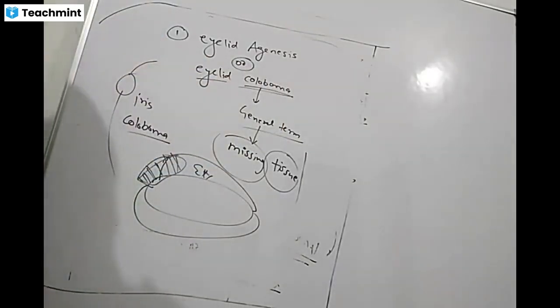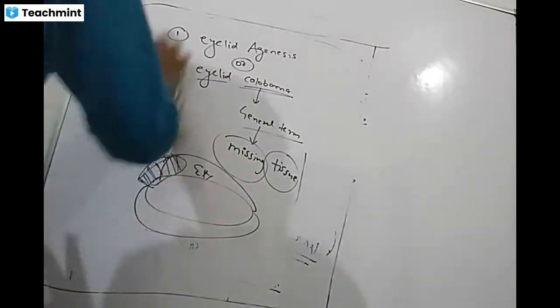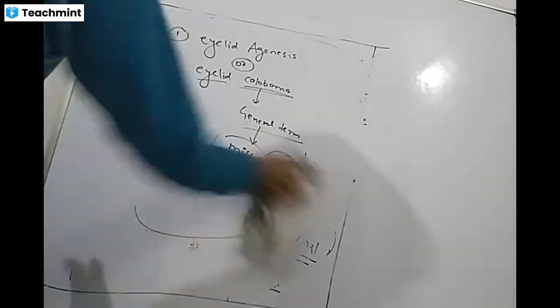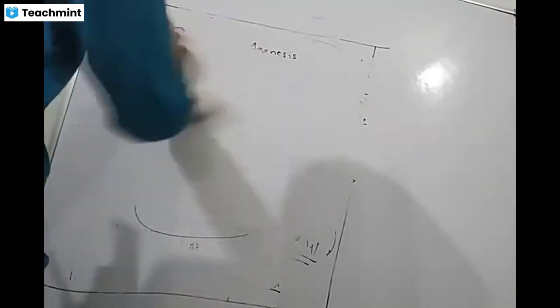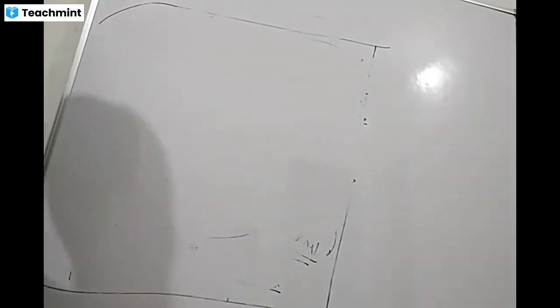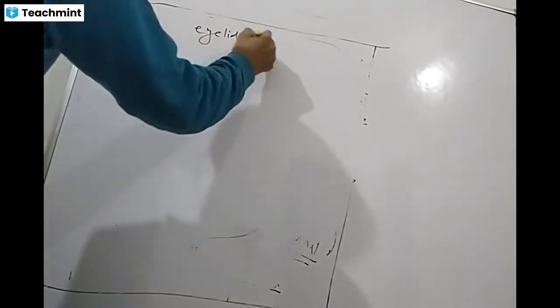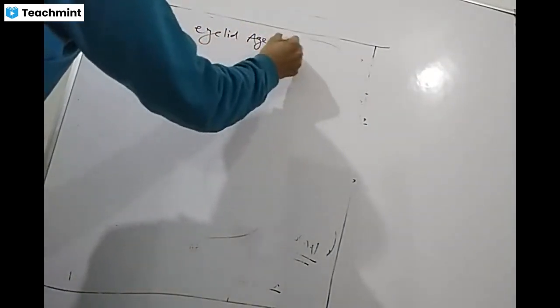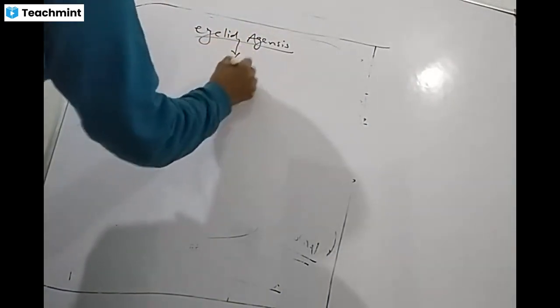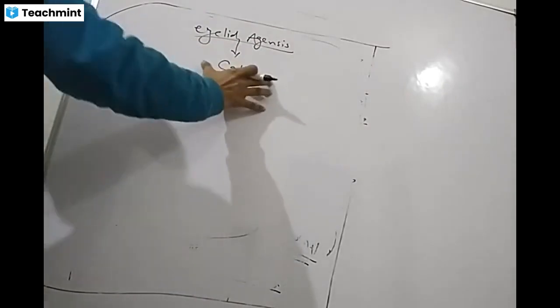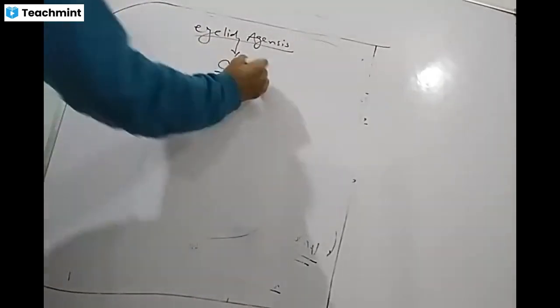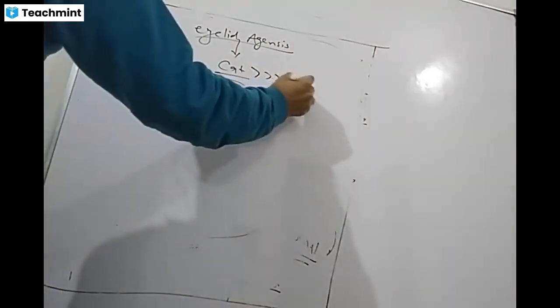So it's a common term. If tissue is absent in the iris, iris coloboma. In the eyelid, eyelid coloboma. So where is eyelid agenesis commonly found? It is found in the cat. Very common. Most common in cat and less in dog.